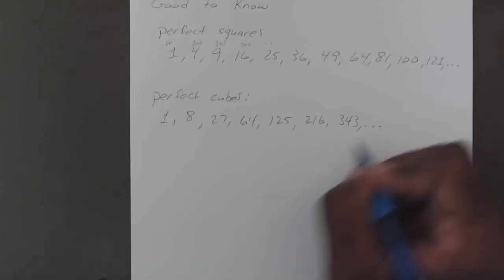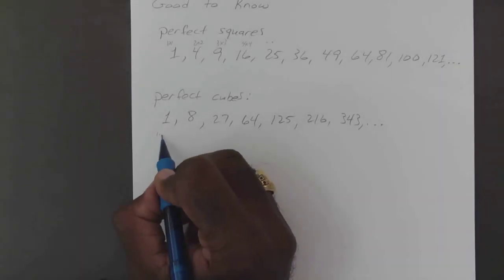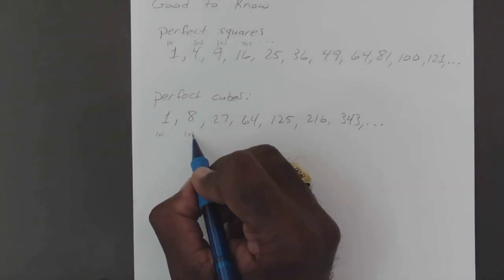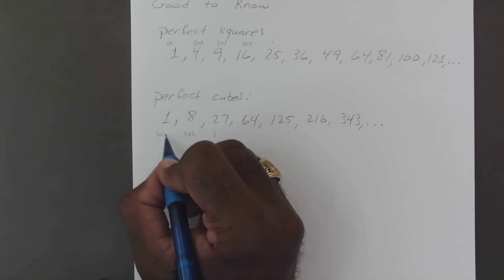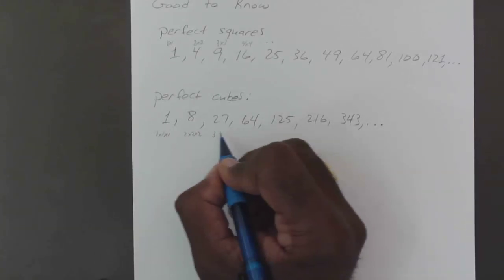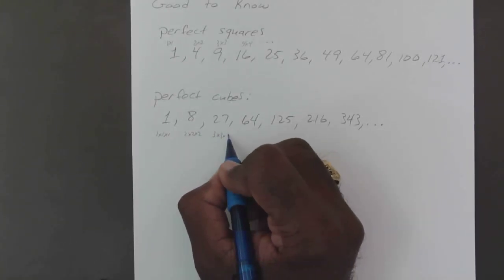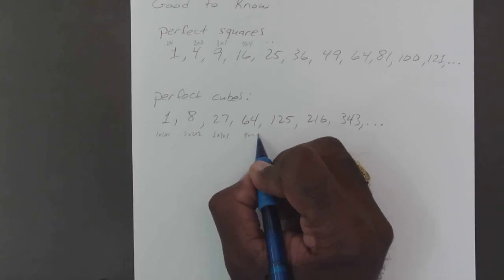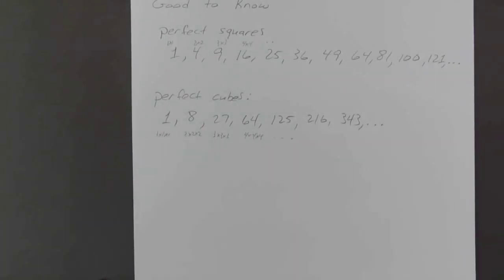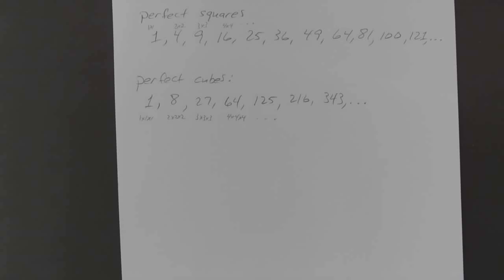And it keeps on going and going and going. Remember, this is just your 1 times 1 times 1, 2 times 2 times 2, 3 times 3 times 3, 4 times 4 times 4, and etc. You don't have to memorize them, but they're kind of good to know.